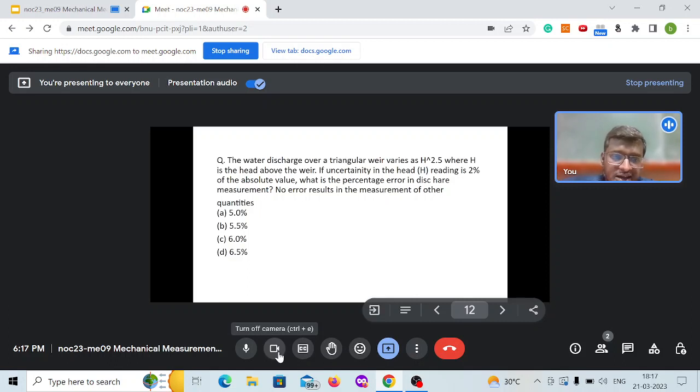The discharge is proportional to h raised to 2.5, so you can assume Q is a constant c times h raised to power 2.5. We are saying the uncertainty of head is 2% of the absolute value. What is the percentage error in discharge? No error results in the measurement of other quantities. So the options are A 5%, B 5.5%, C 6%, D 6.5%.